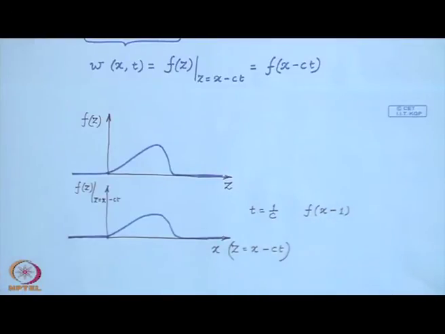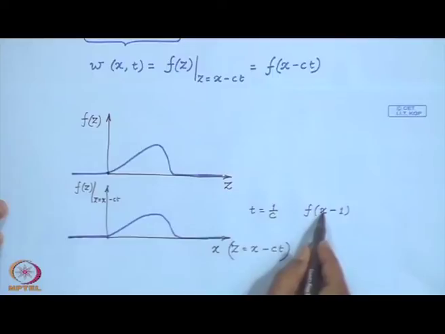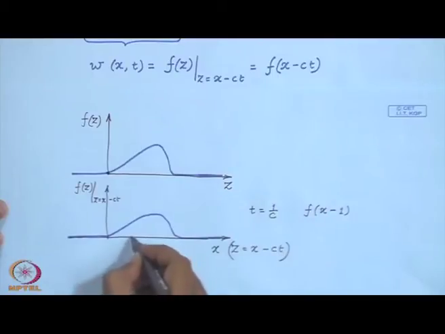So now I have to plot f of x minus 1. Therefore, you find that the value at z equal to 0 now occurs at x equal to 1.